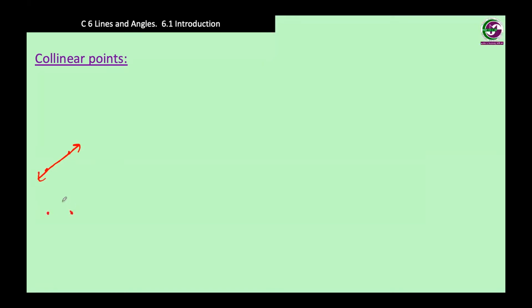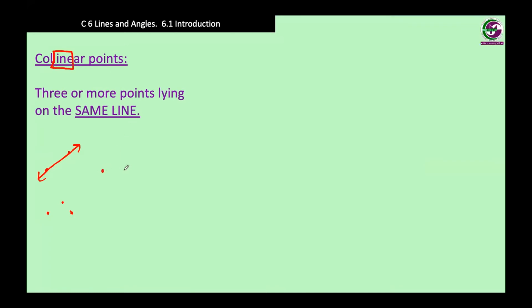Is it always on a line? Not necessarily. So that's the word meaning of collinear. And from the word itself, we have the idea within it. See the word? Line. So the definition is that 3 or more points lying on the same line is called collinear points.